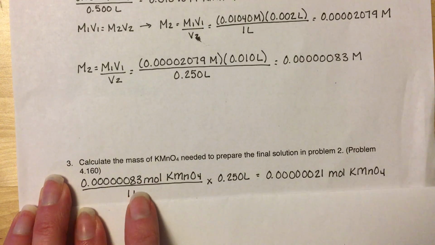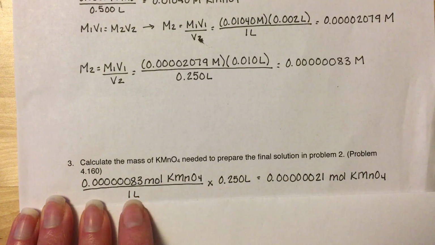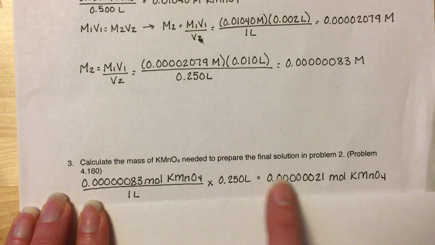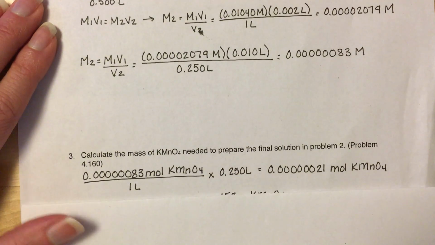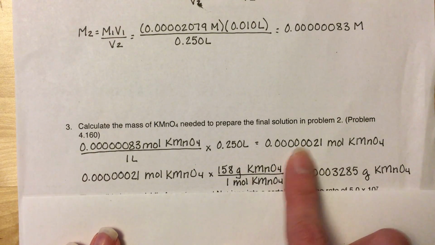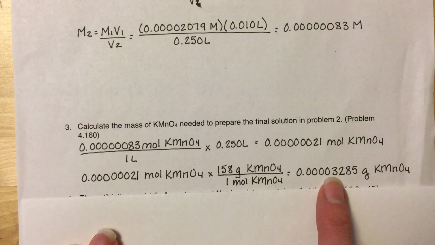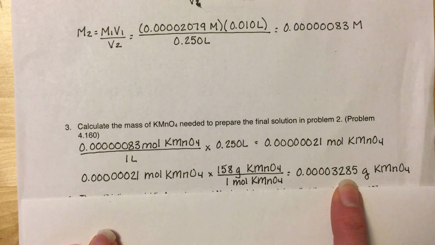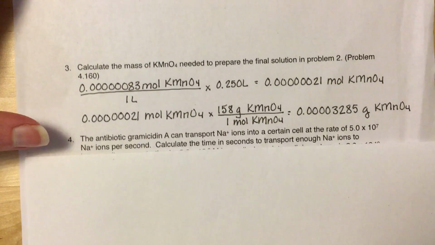So we're going to figure out how many moles of potassium permanganate were in that 250 milliliters, and it's a very small number. And now we're going to take that number and figure out how many grams of potassium permanganate were in that solution using its molecular weight. And again, I'm choosing to write it not in scientific notation, so you can see how small that number is. Our balances wouldn't even be capable of measuring that mass out.